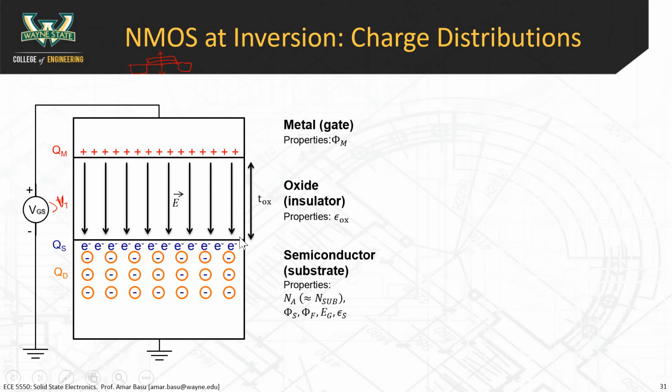This is a subtle but important point: notice that the surface charge is just underneath the gate. It's packed very close to the surface of the oxide material, whereas the depletion charge can extend several microns into the semiconductor material.